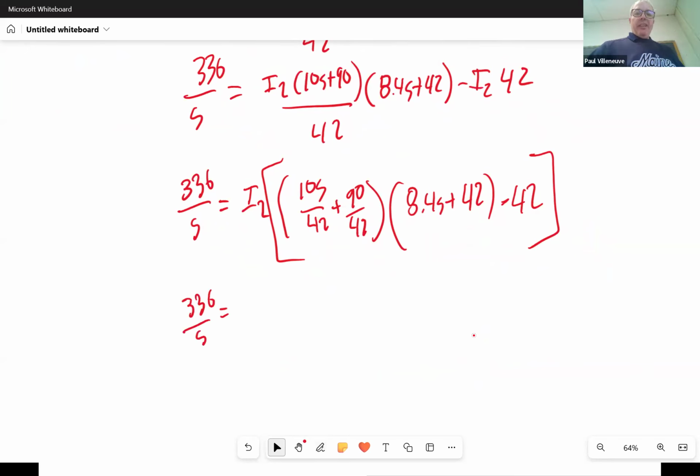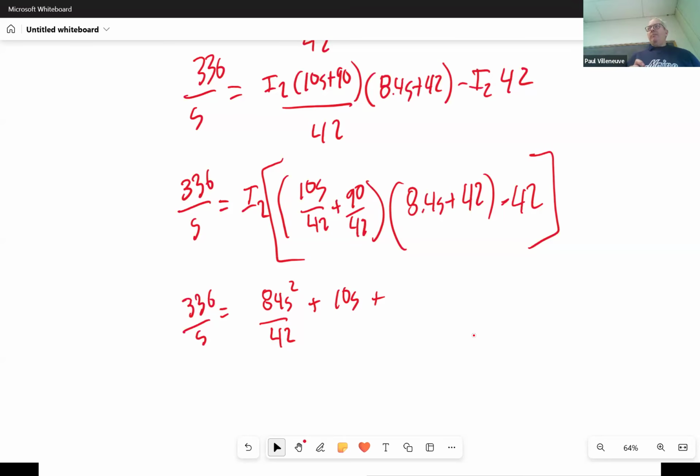So I'm going to FOIL this. So this is 84S squared over 42. So that's the first. Outer, plus 10S. Inner. Let's see, 8.4 is twice 4.2, right?